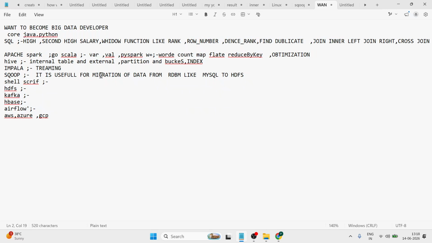Python is also required to learn. Of Java you only need core Java, not deep Java. Learn Python properly so that you can easily solve problems related to PySpark. When you learn it properly, it will definitely help you.